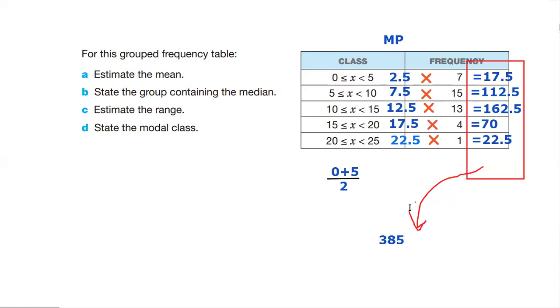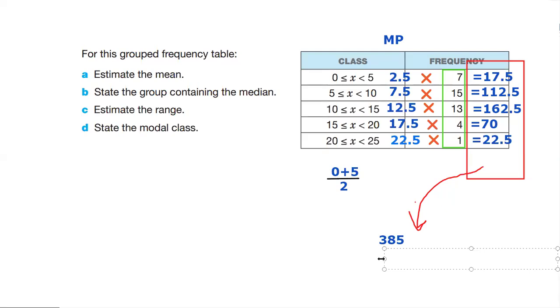After adding them, you divide them by the total of frequencies. So you basically add the frequencies together, and you'll get the total of frequencies. Let's add these. 7 plus 15 plus 13 plus 4 plus 1.